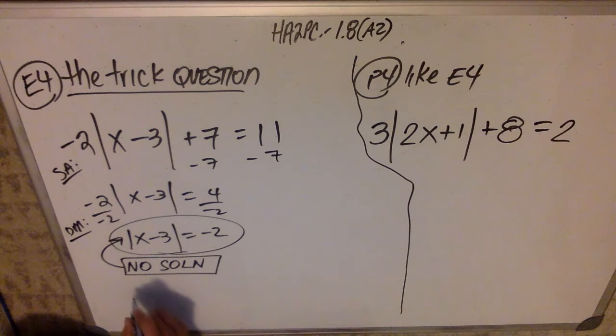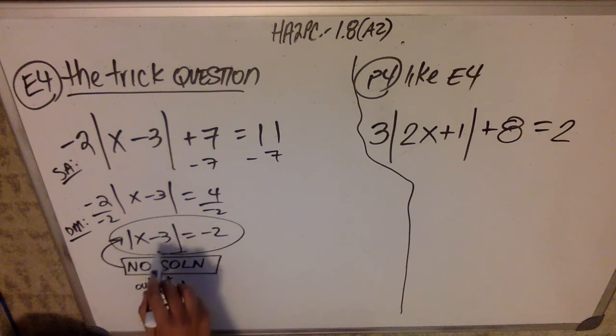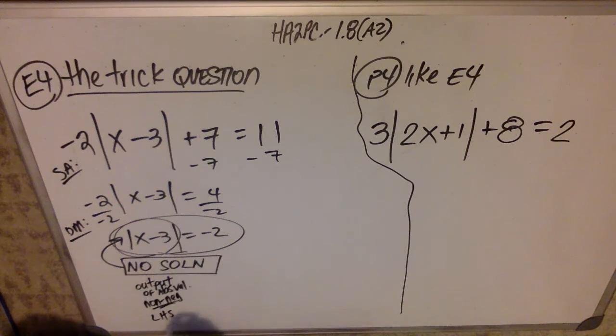In this case, I know that the output of that absolute value is non-negative. Essentially, this left-hand side, which is just an absolute value, has to be greater than or equal to 0. And I see that the right-hand side is very much a negative number. So that's not possible.